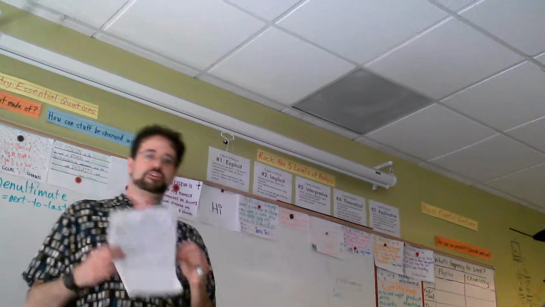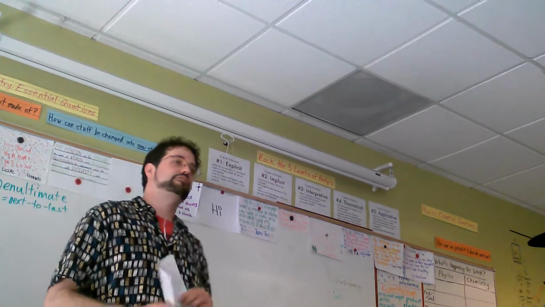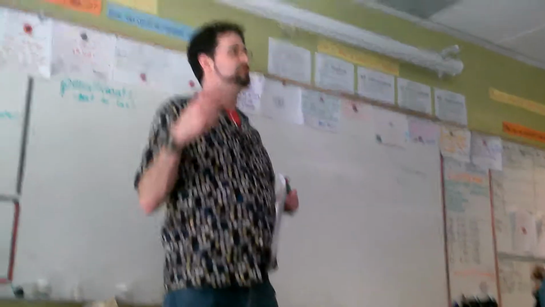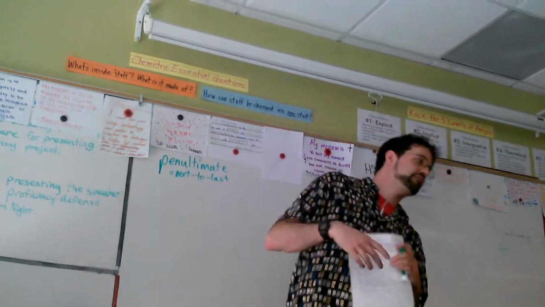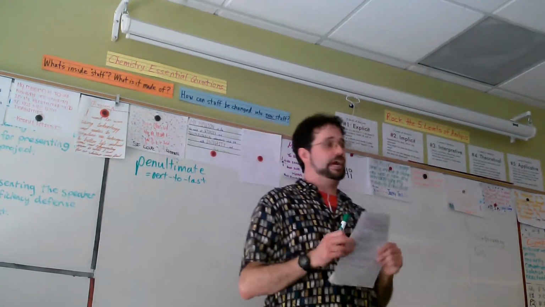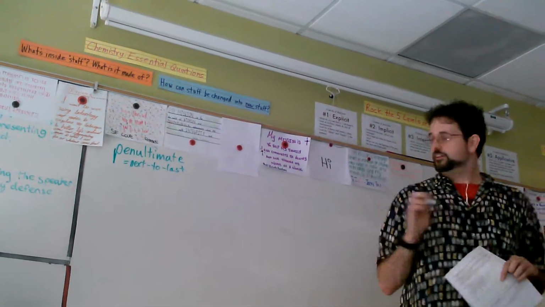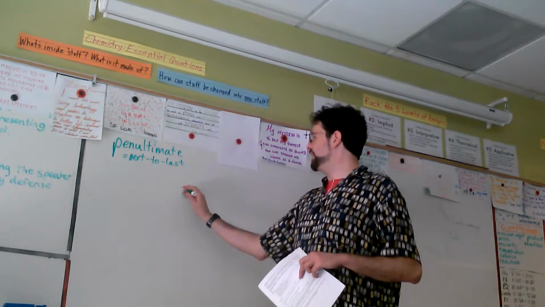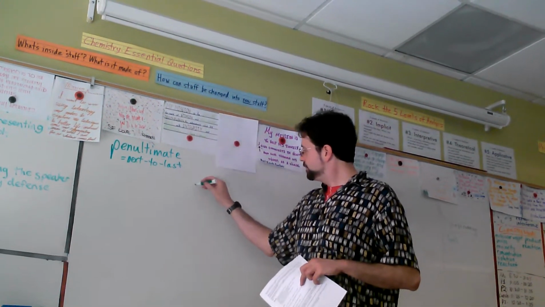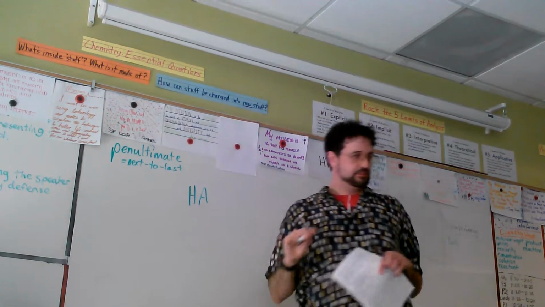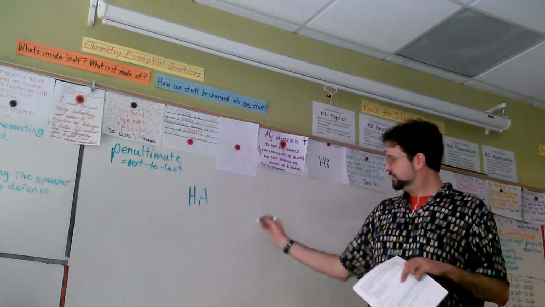Thanks, Chris. Okay, so my experiment was about acid-base neutralization, and so I'm going to do about 2 to 3 minutes of intro here. When you have a chemical that has a hydrogen atom that can come off of it, that's called an acid.